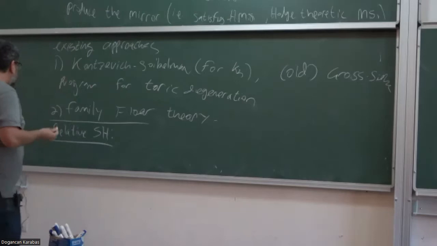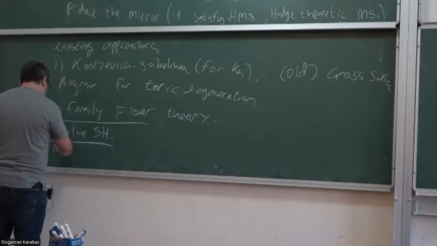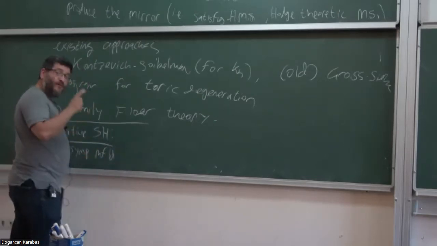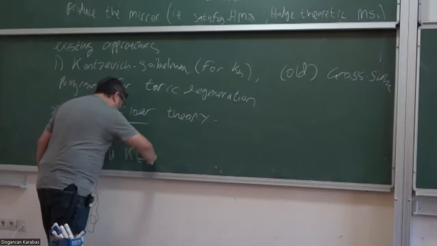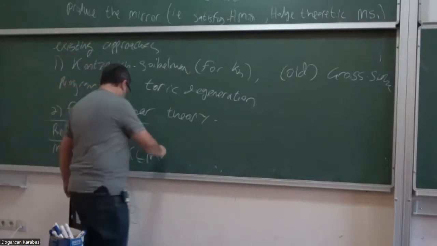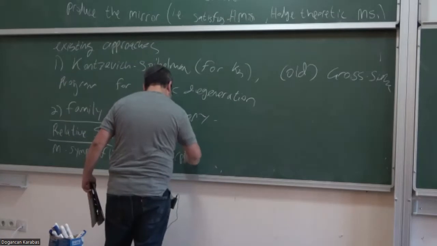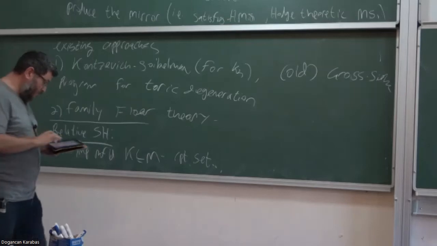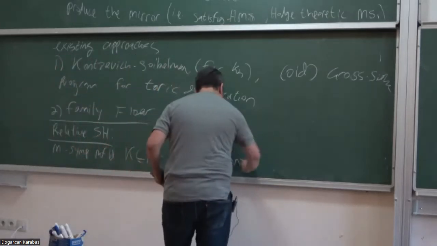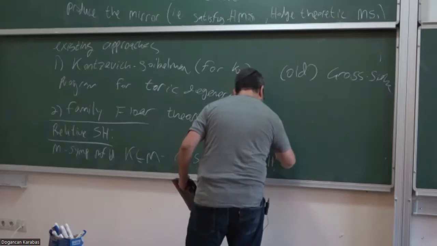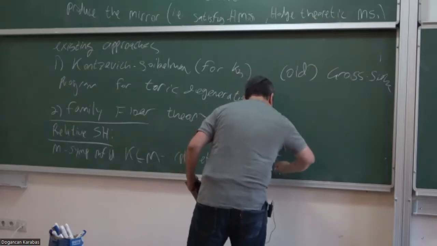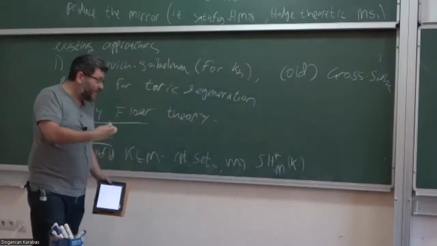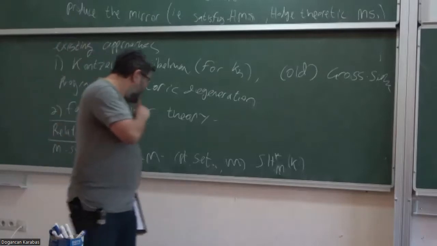If you have a symplectic manifold M, and inside it a compact set K, just a compact set, nothing else, then to this we can associate something which we denote by SH star sub M of K, the symplectic homology of the compact set K relative to M.